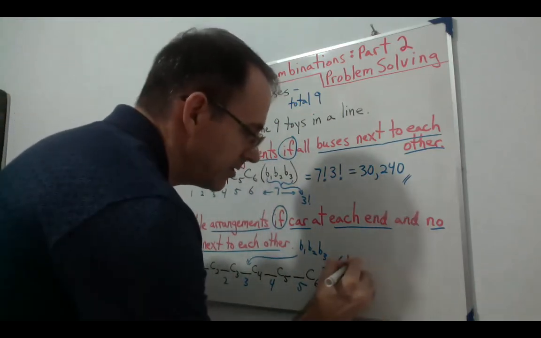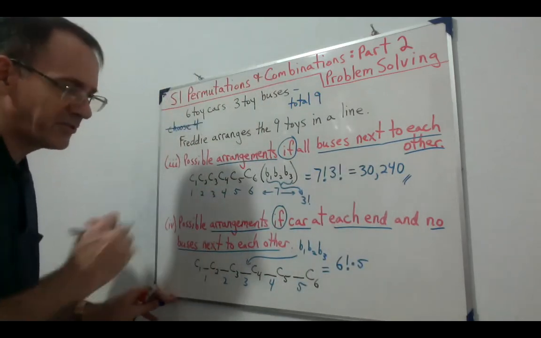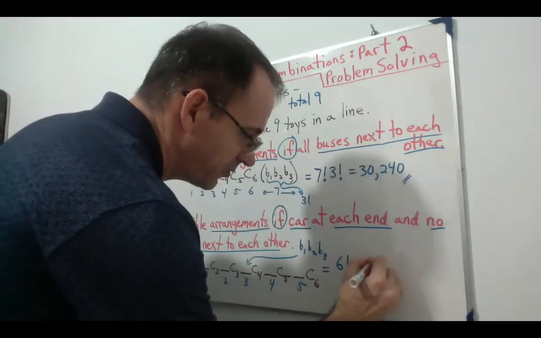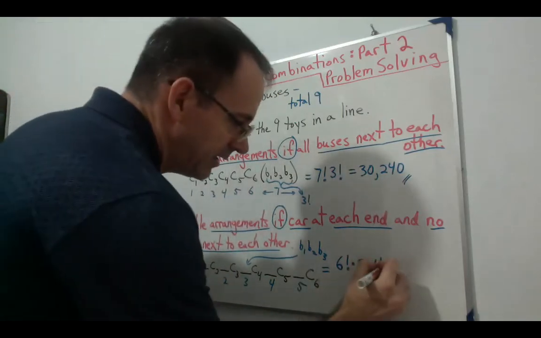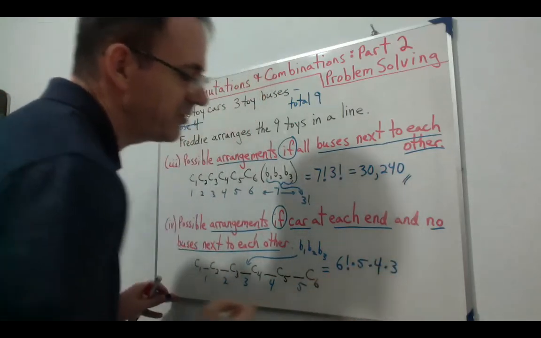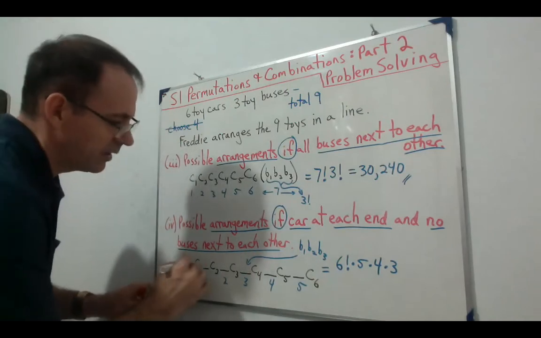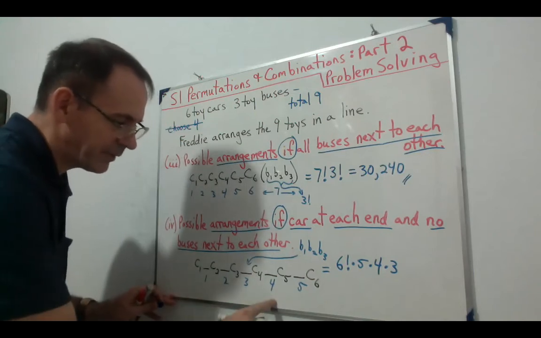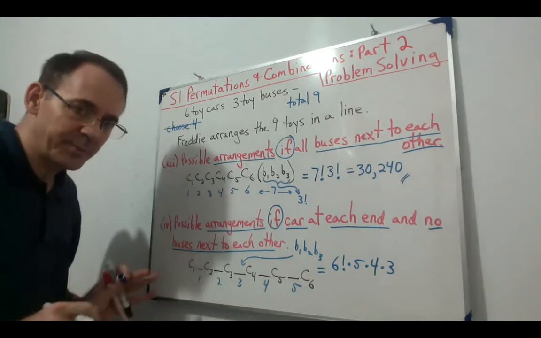So bus 1 could be in 5 different locations. So once bus 1 goes in, now there's only 4 spots left for bus 2 to choose from. And then once that one is filled in, there's only 3 spaces left for the 3rd bus. So 5 different places bus 1 could go, then 4 different places for bus 2, 3 different places for bus 3.